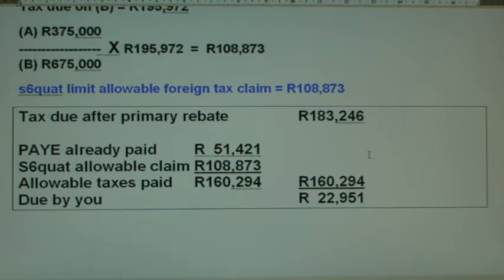As the tax due is 183,246, and we can claim taxes paid of 160,294, it means we still owe SARS 22,951.